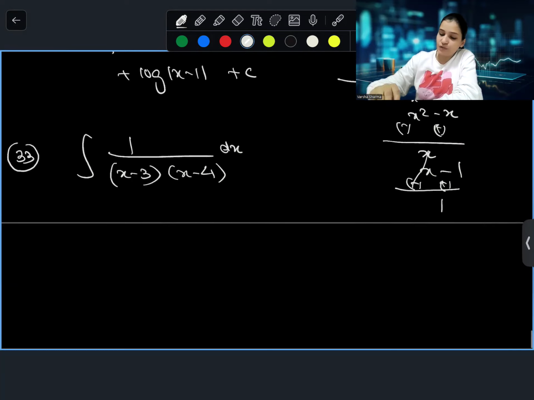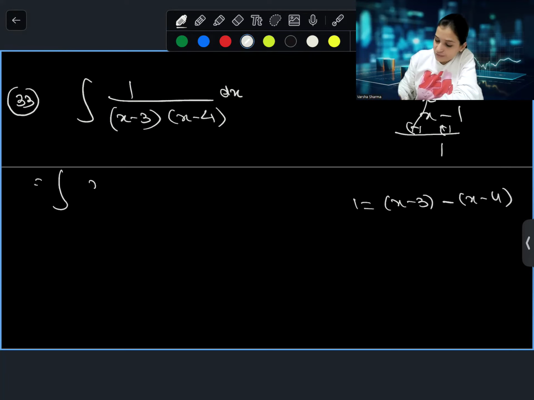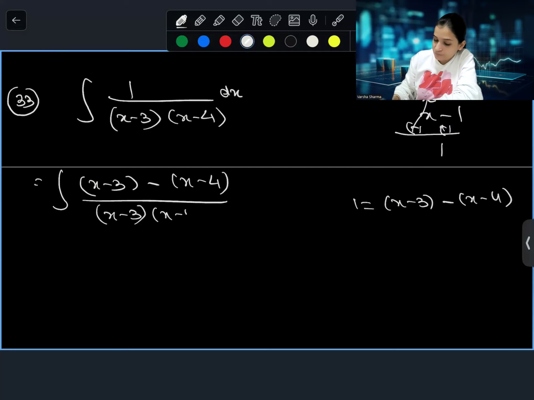There are two terms in the denominator. Use that to get 1. So how can you get 1? By subtracting them. So I can write 1 as x minus 3 minus x minus 4. Yes or no? Individual division.